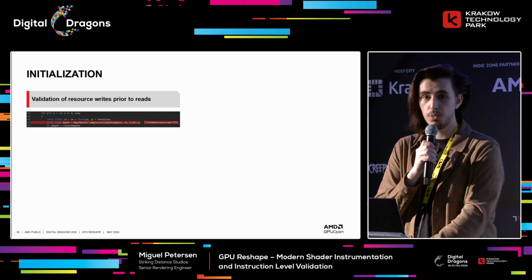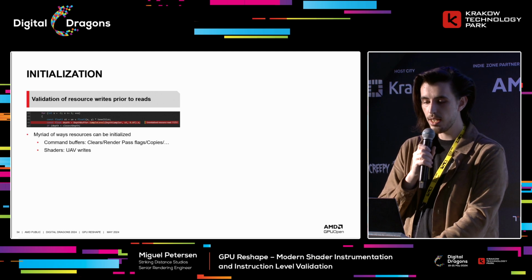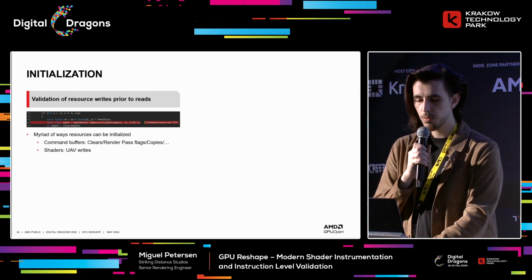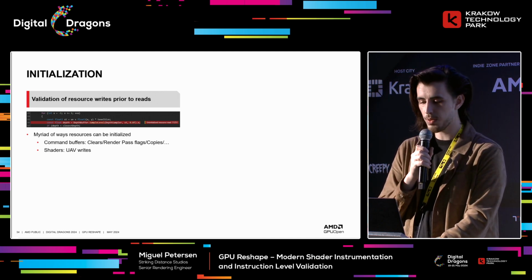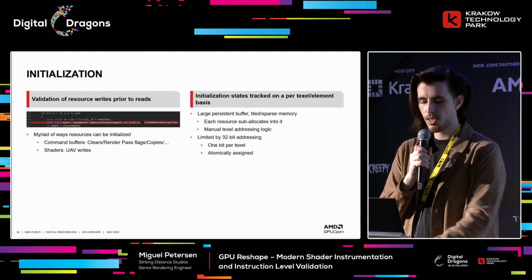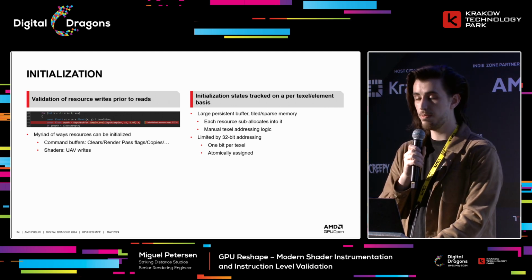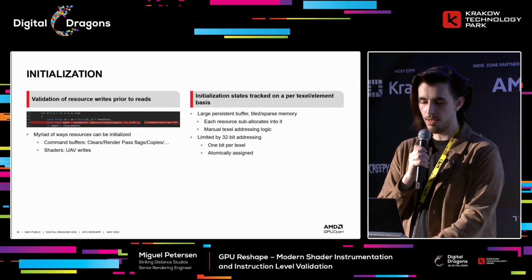And now that we know that the descriptors are valid, what about the data inside of them? Let's validate that any read was preceded by a write. The problem is there's a lot of ways resources can be initialized, both from command buffers and shaders themselves. On the feature side, we essentially have a very large buffer with initialization masks. And these masks are very recently now tracked on a per texel or element level.